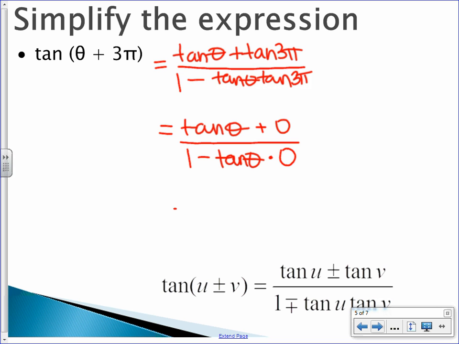So what are we left with? We have 1 minus 0 in the denominator, right? Okay, so we have tangent plus 0 over 1 minus 0.